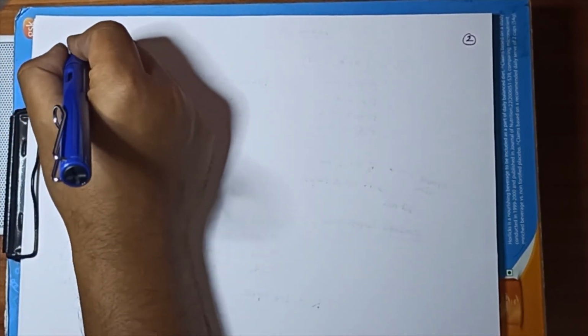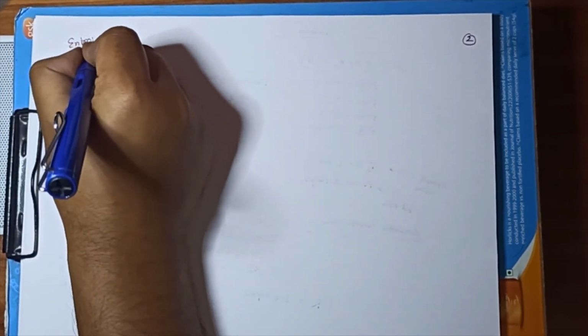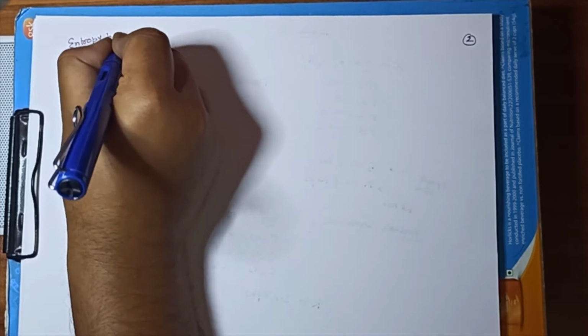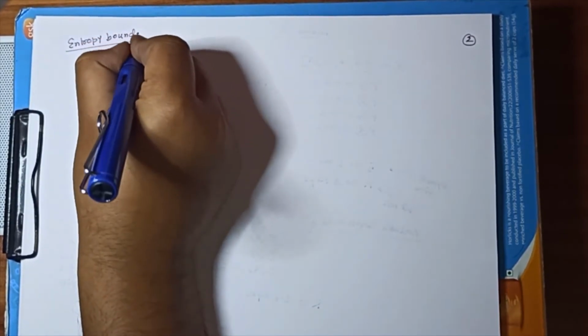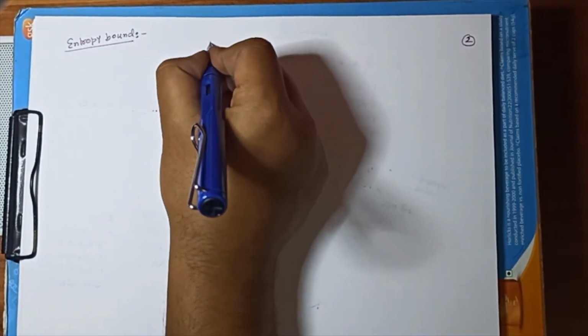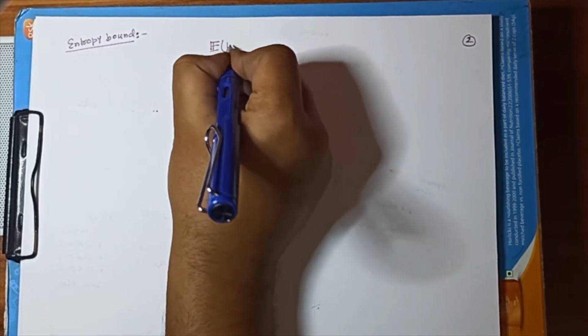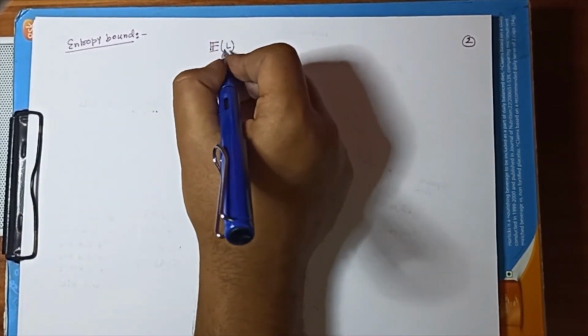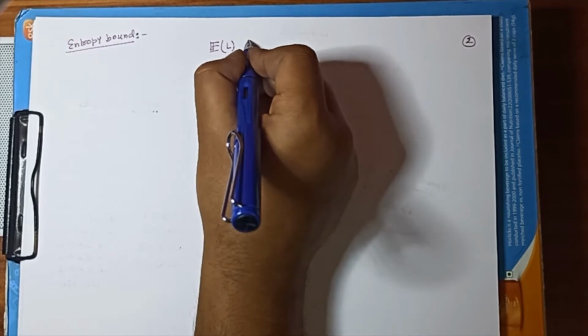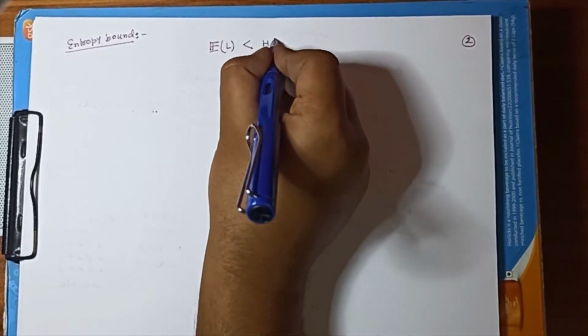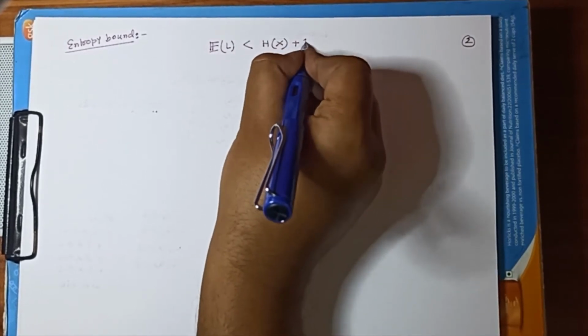Today I'll put the upper bound as well. So let us derive the entropy bound of the expected length.